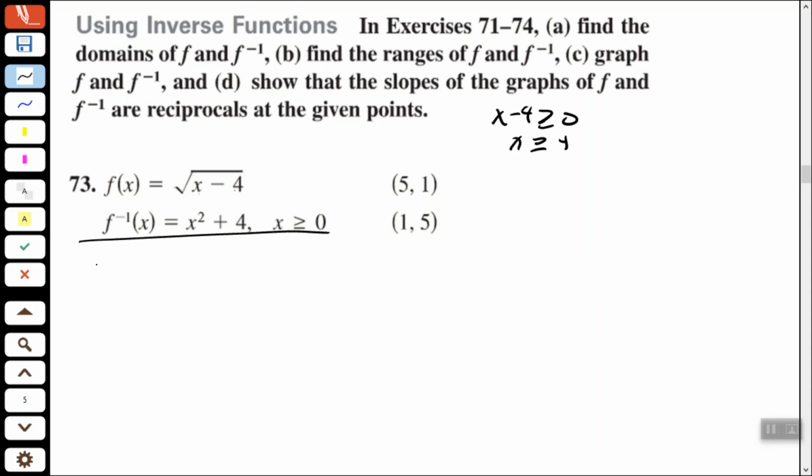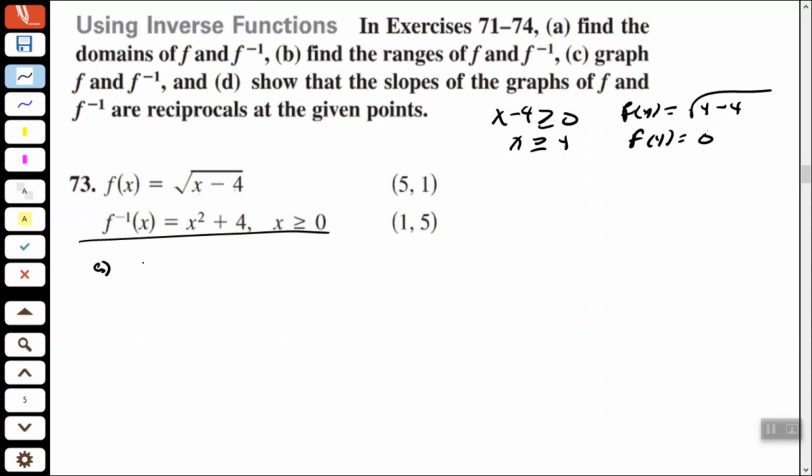Okay, so part A. What I just said there: if I plug this 4 in, f of 4 equals the square root of 4 minus 4, which is 0. That tells me that my range starts at 0 and goes to infinity.